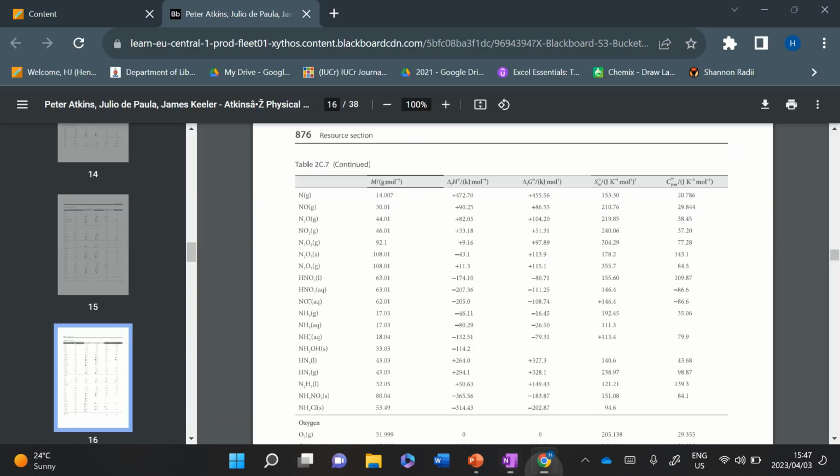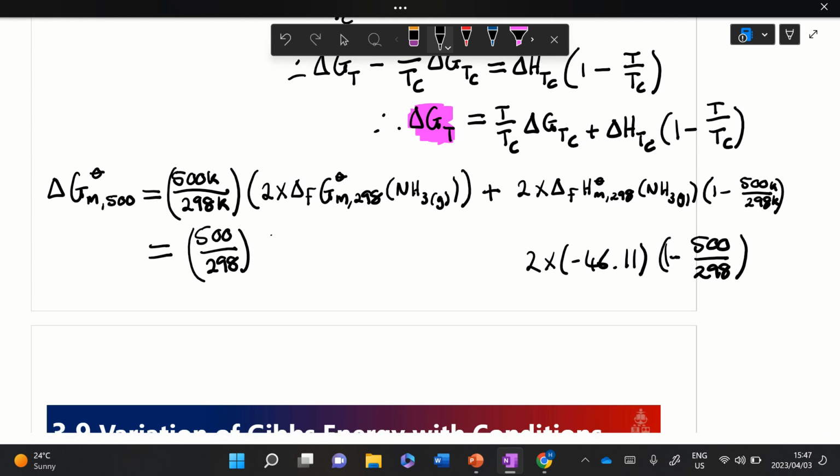And then, of course, we're also interested in the Gibbs energy. I just had it, ammonia gas, minus 16.45. So 2 times minus 16.45, and it's plus those 2 values.